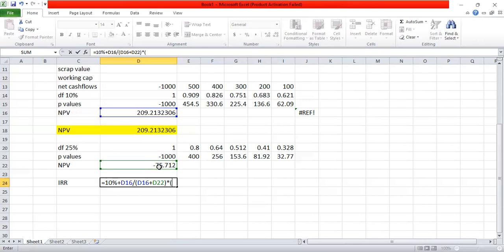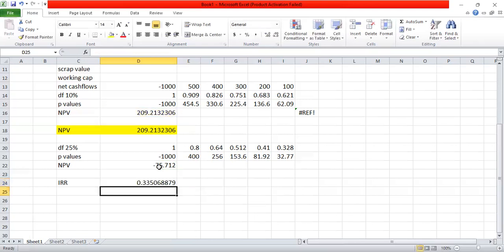The higher rate is 25%, the lower rate is 10%, and you can compute the figure. In percentage form, it is coming as 34%. It is a very time consuming process, guys.